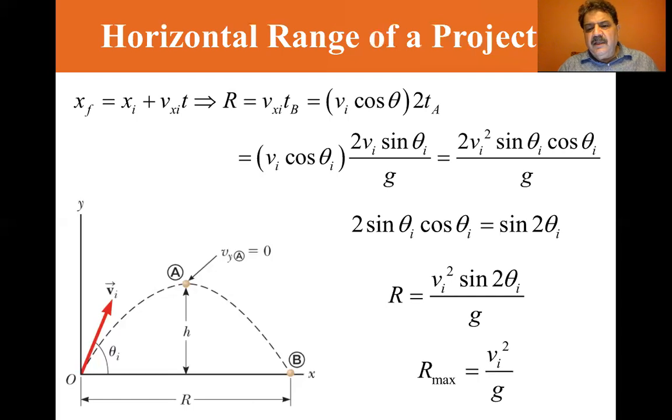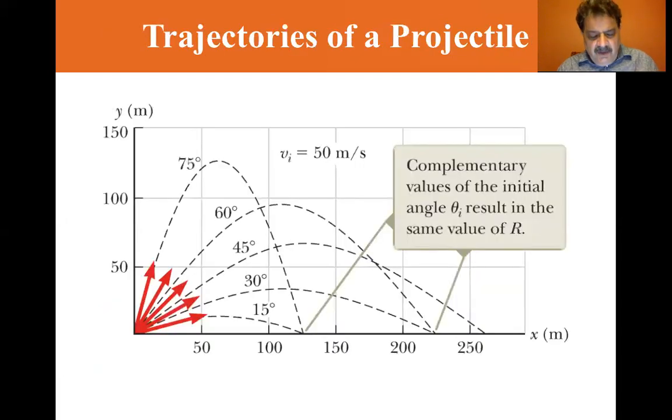But if we continue on and we look at the trajectories at different angles, you'll notice that complementary values of the initial angle theta result in the same value of R. Now, what does that mean? That means that if you fire it at 75 degrees, it'll land at the same spot as if you fired it from 15 degrees.